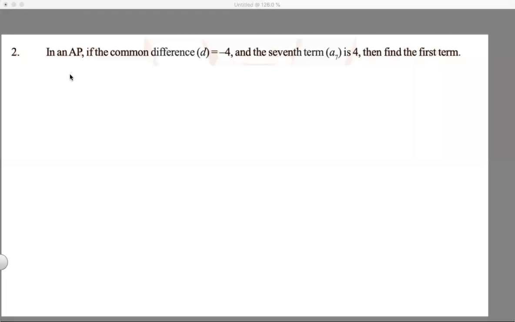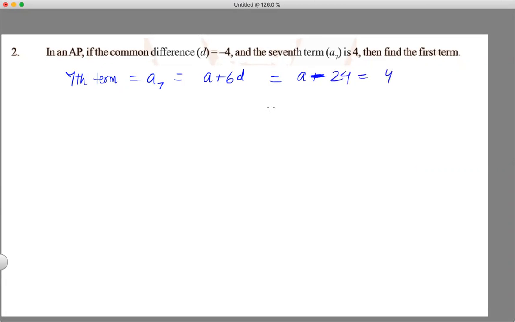A7 को हम A + 6D लिख देंगे और फिर D की वैल्यू पुट कर देंगे. Very good. So A plus 6 times -4, which is -24, is equal to 4. So A is equal to 28, which is the first term. A is same as A1.